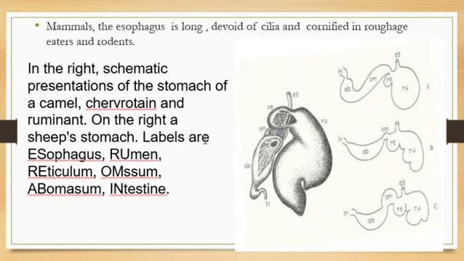AB, abomasum. So this is the abomasum. And IN stands for the intestine. So how many chambers in ruminants? 1, 2, 3, 4, and 5. 5 chambers, but the esophagus is not a part of the stomach. So it is a 4-chamber stomach: rumen, omasum, reticulum, and abomasum.